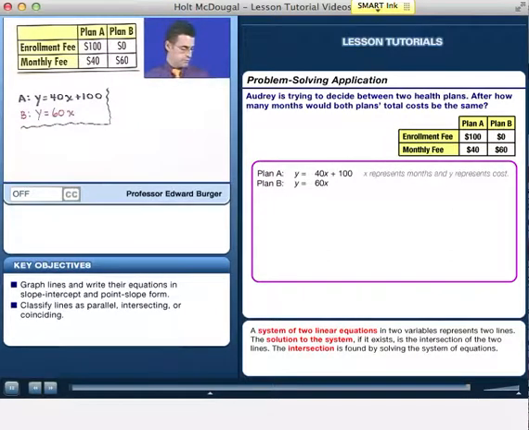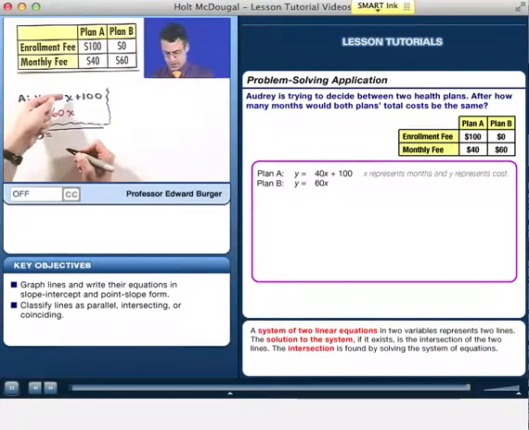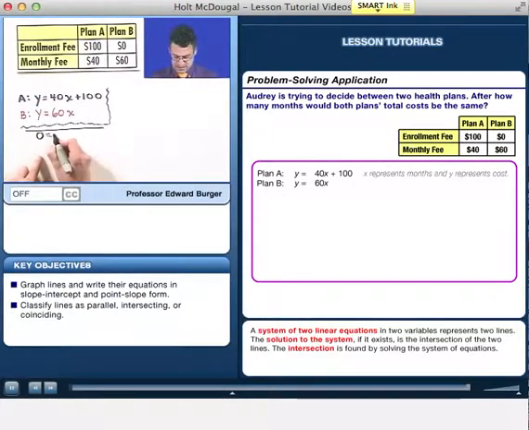Well, let's solve them. The way we can solve them algebraically is we can take these two equations and subtract them. So let's take the A and subtract the B and see what we get. When we subtract, Y minus Y is 0. 40X minus 60X is negative 20X.